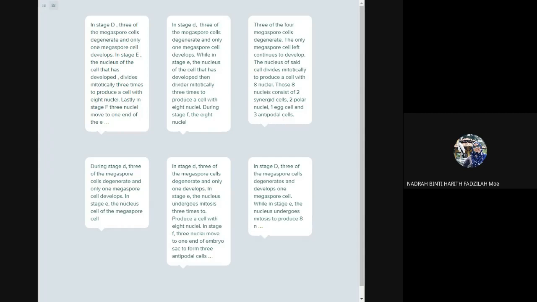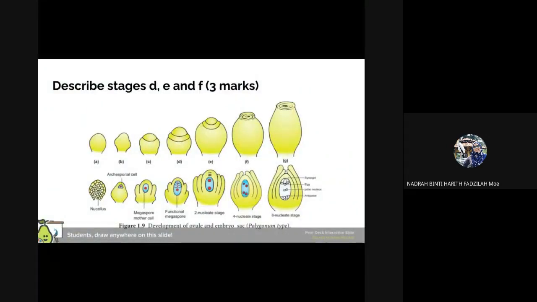Kalau F pergi ke G, baru kita kata mitosis 3 times. Kita sampai F je kan? DEF saja kan explanation kita, betul tak? Explain stages DEF.